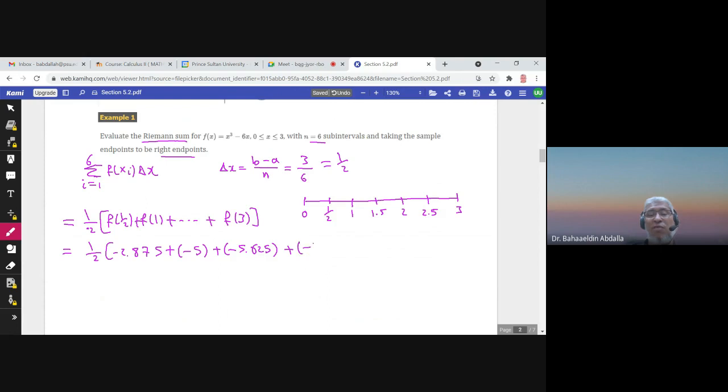This is negative 4. f of 2.5, it's 2.5 cubed minus 6 times 2.5. This is 0.625. f of 3, 3 to the power 3 is 27, minus 3 times 6, which is 18, so it is 9.